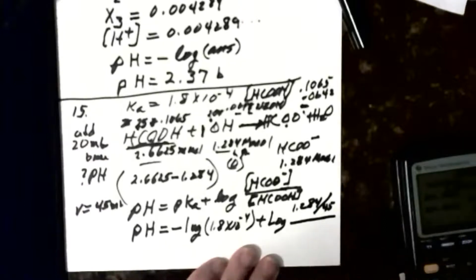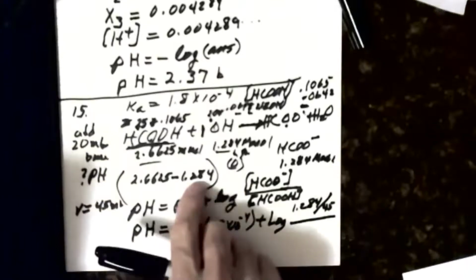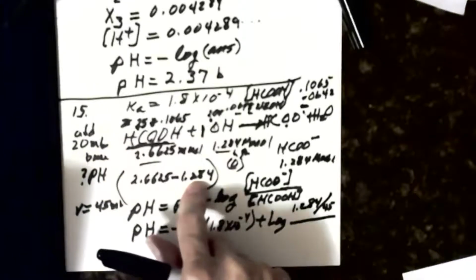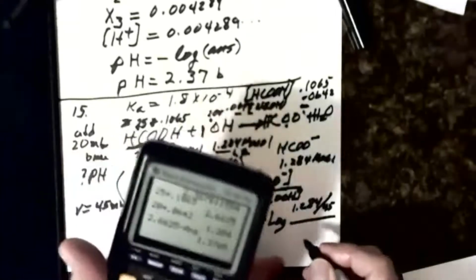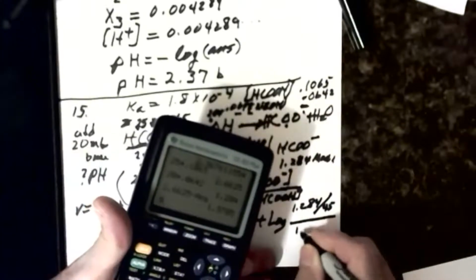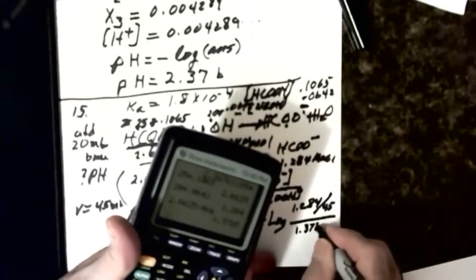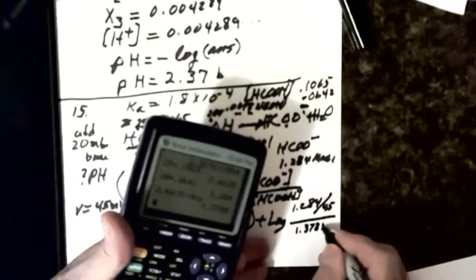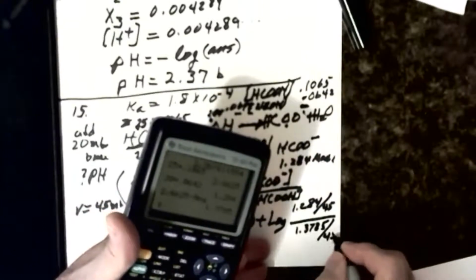Now, for the concentration of the acid, let's go ahead and do this subtraction. I've got this 1.284 on my calculator screen, so I'm going to take 2.6625 minus that answer. That keeps me from having to write it back in. That gives me 1.3785 millimoles, again in 45 milliliters.